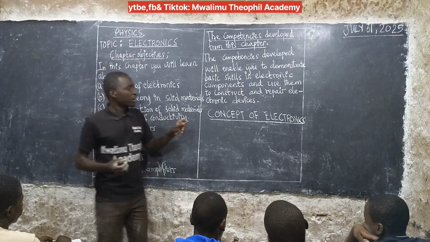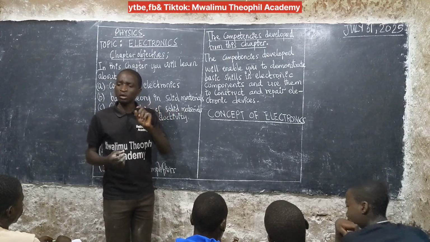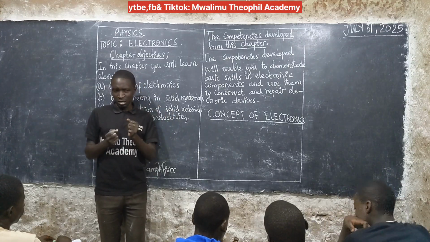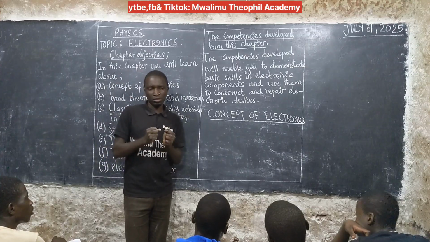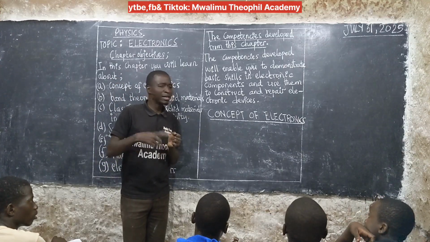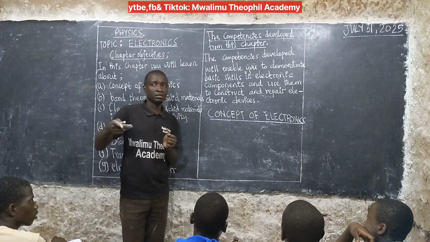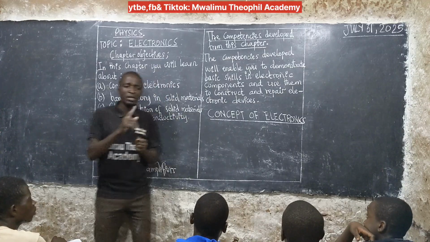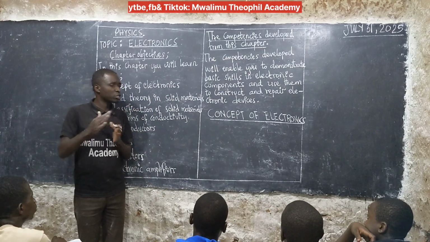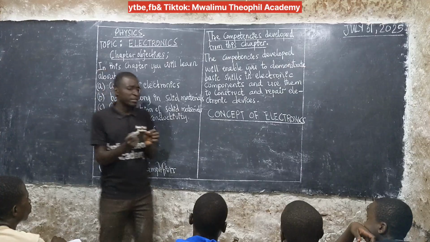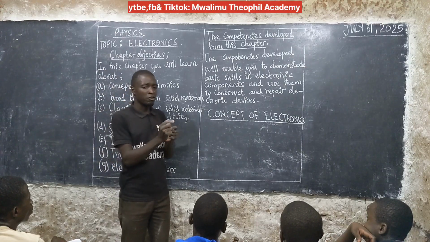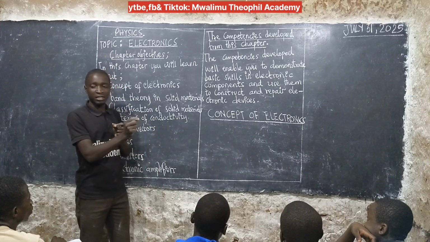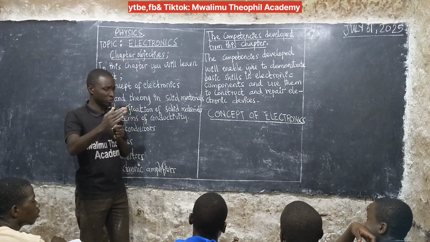So directly you get an idea that when we speak about electronics, there is something about the concept of electron. When you speak about electronics, you are dealing with a discipline dealing with the electron flow and their effects in various materials.